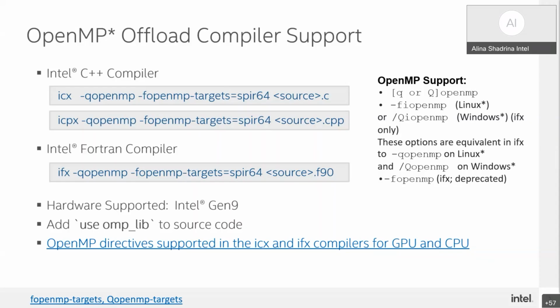And also, I need to note here that IFX is really actively developing, and it recently moved from beta to product, so please track our release notes for any updates, because there are many updates from release to release.